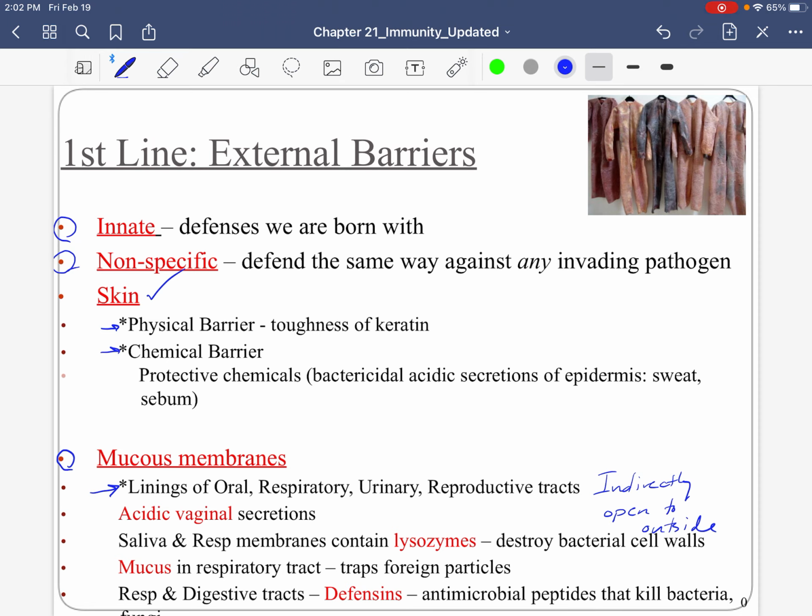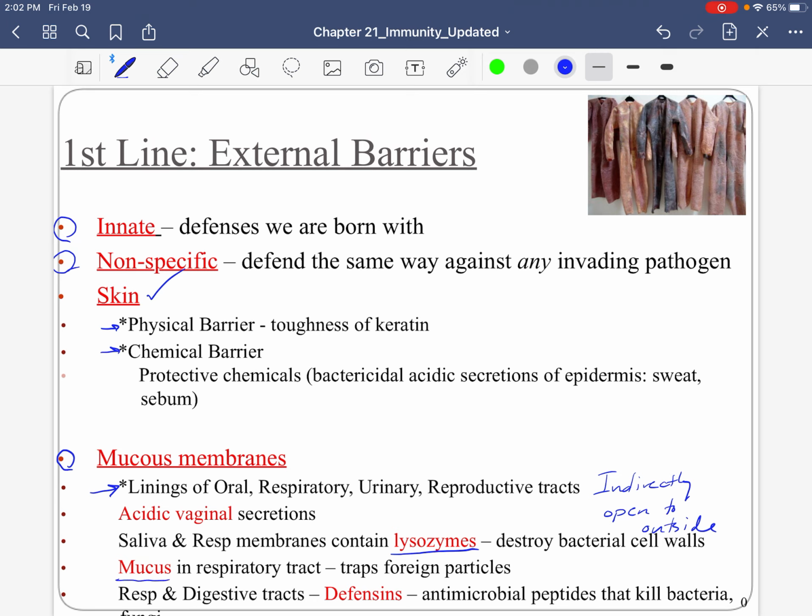That is helpful because the vaginal tract is indirectly open to the outside, so something could just make its way in there. The acidic environment of the vagina can help protect us against certain pathogens. In our respiratory membranes, the inner lining has specialized cells called lysosomes. The only job of those lysosomes is to gobble up foreign agents.